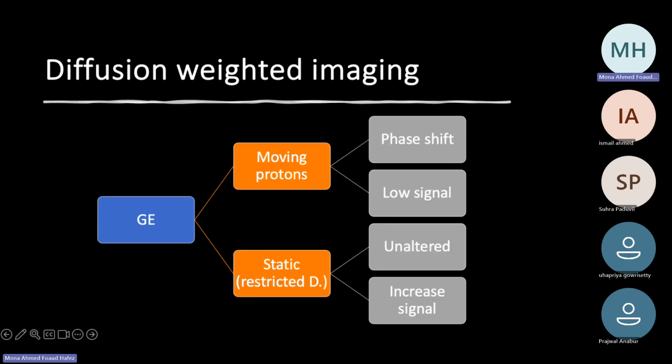Diffusion weighted image. Diffusion weighted imaging also uses gradient echo. It is a play of gradients. It measures the thermal Brownian motion of water molecules. It requires a fast imaging sequence such as gradient echo.